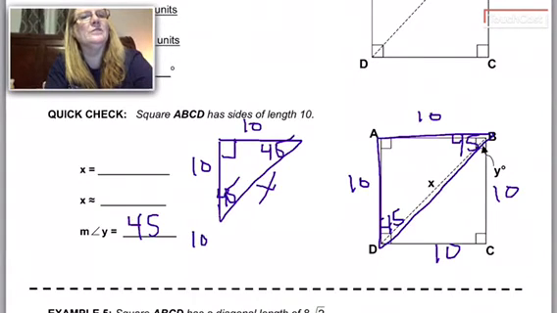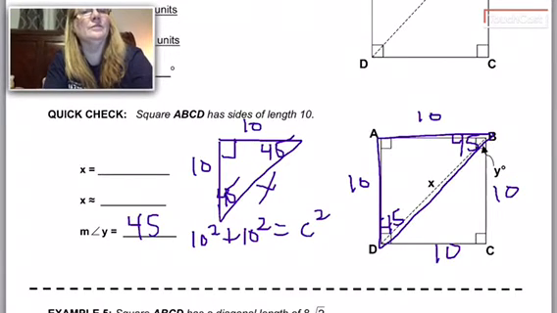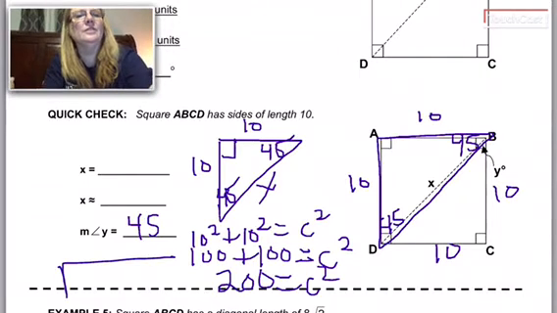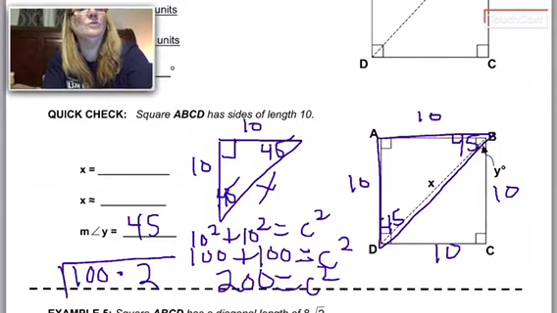So we're going to say 10 squared plus 10 squared is equal to c squared, or x squared. We get 100 plus 100 is equal to c squared. 200 is equal to c squared. We want to simplify that. I can rewrite 200 as 100 times 2.